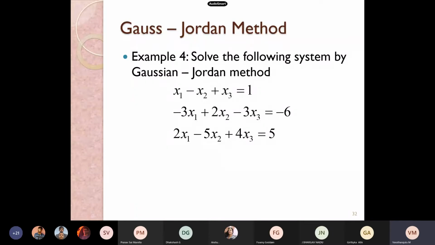The same problem which we solved during the Gauss elimination method, I have taken in order to solve with the aid of the Gauss-Jordan method. The procedure was the same, so I am a little faster in disseminating the earlier contents which are very common to Gauss elimination and Gauss-Jordan.